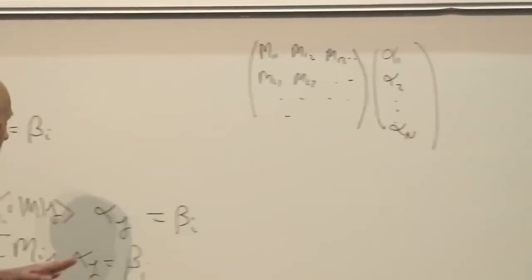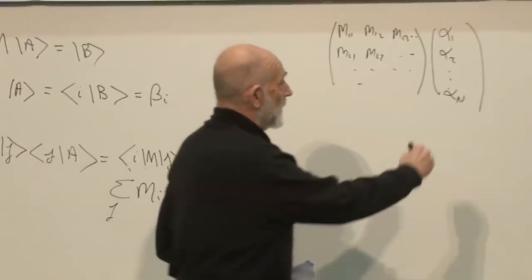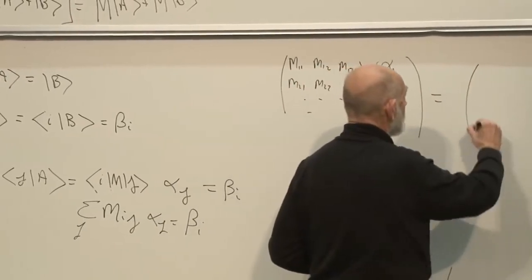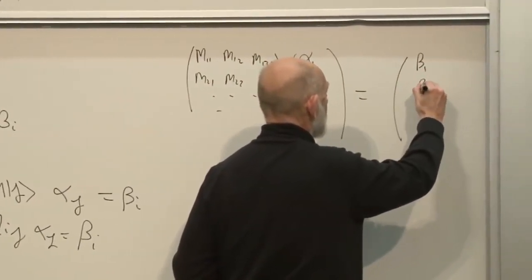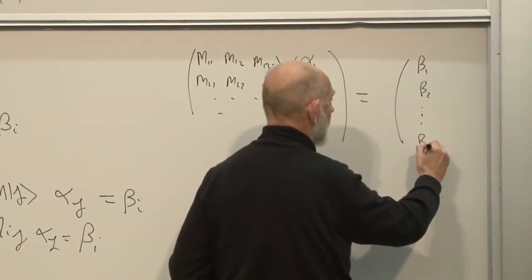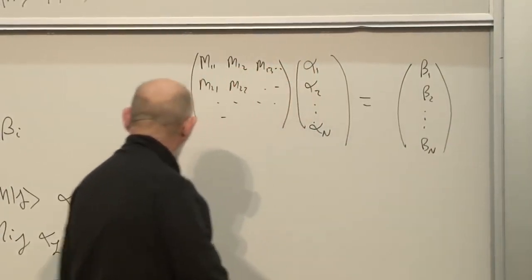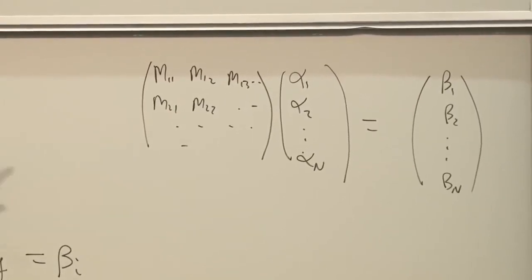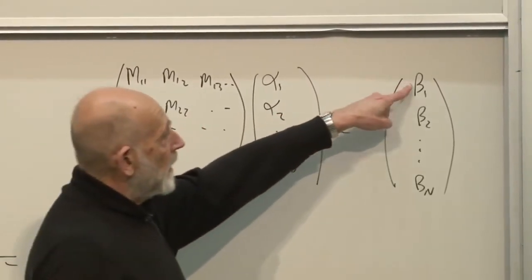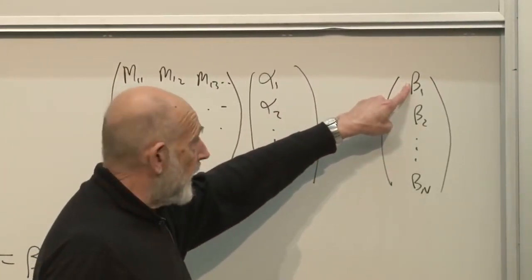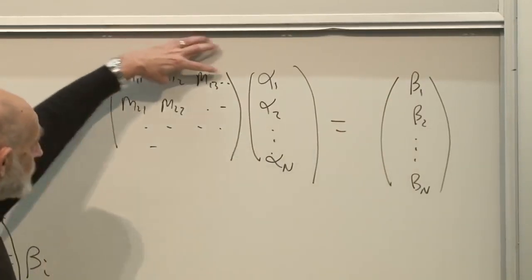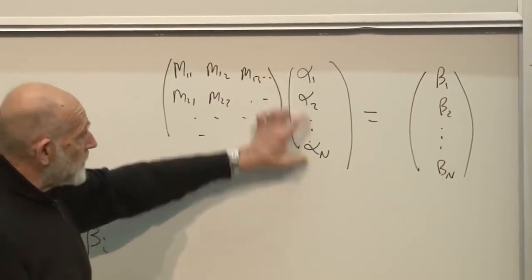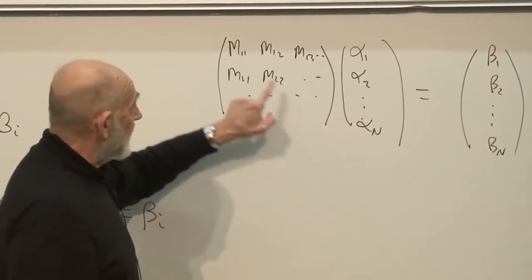And what is the rule? This of course is supposed to result in an output which is beta 1, beta 2, dot, dot, beta n. All right, what's the rule that's implied by this equation over here? It's very simple. If you want the first entry over here, you take the first row and you take its inner product with the column here.